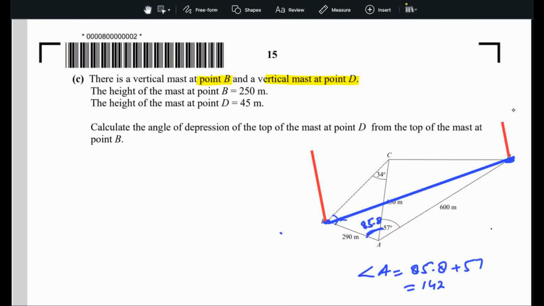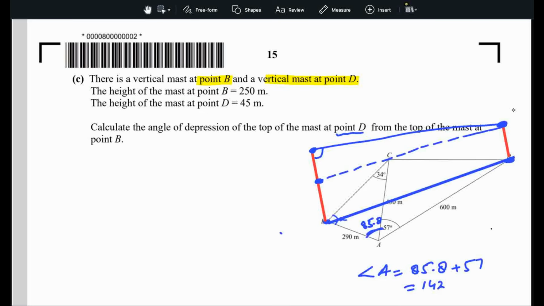First of all, we have to find out BD, D to the top. Angle of depression means that we have to find out this angle. So for this angle, we need BD.